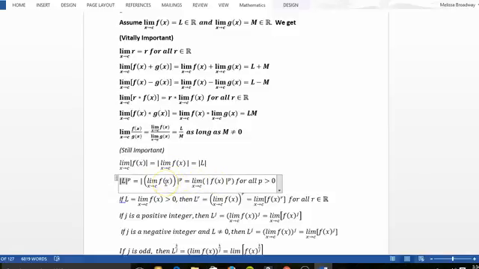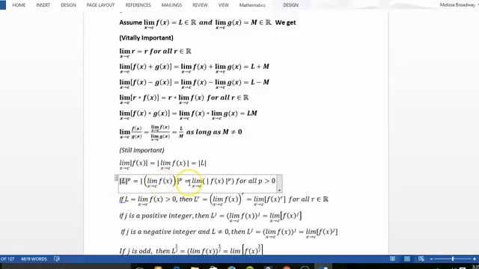The limit of the absolute value of f of x, all raised to the power p, is the absolute value of the limit of f of x, all raised to the power of p.